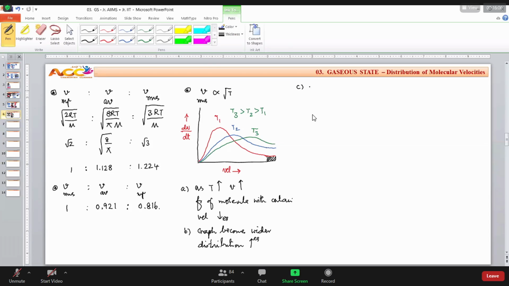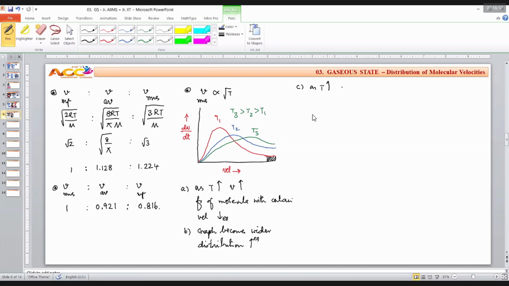Therefore, as the temperature increases, the fraction of molecules with higher velocity increases, right? That is the meaning of this one. As you are increasing temperature, we are having the same.